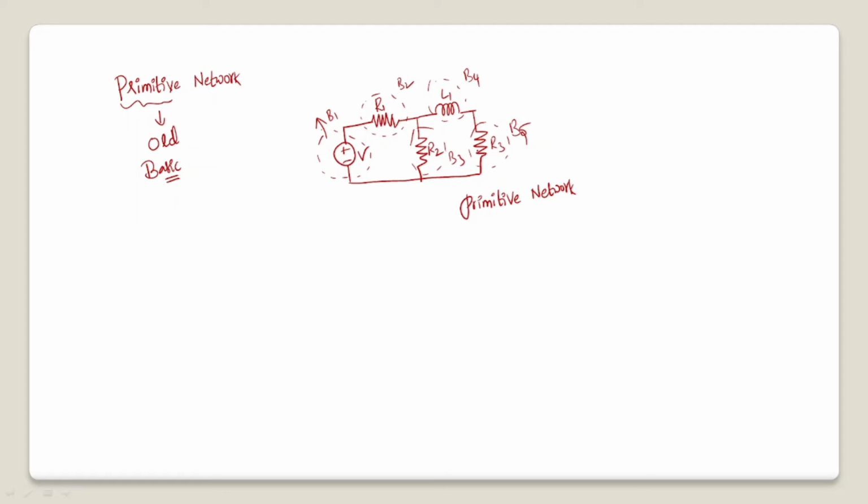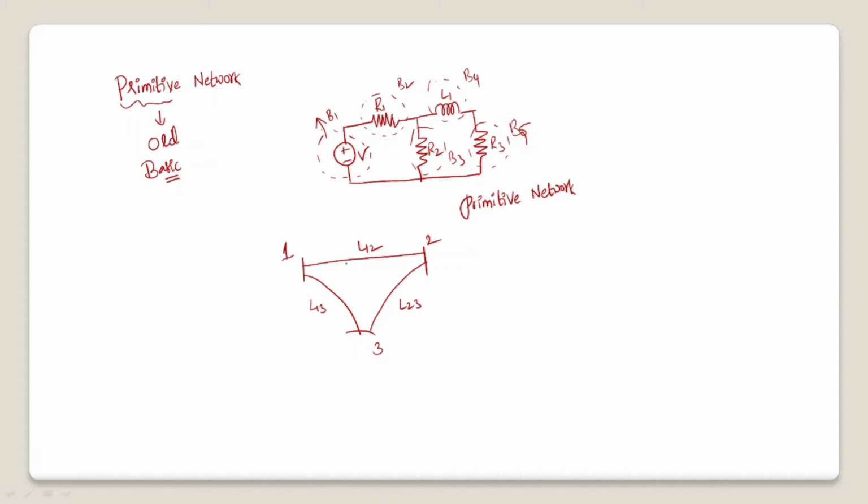Another example you can take from a power system scenario. Consider a three bus power system, for example. These are the three buses I am considering: bus 1, bus 2 and bus 3. These are the transmission lines connected between the various buses. Consider these as L12, L13 and L23.